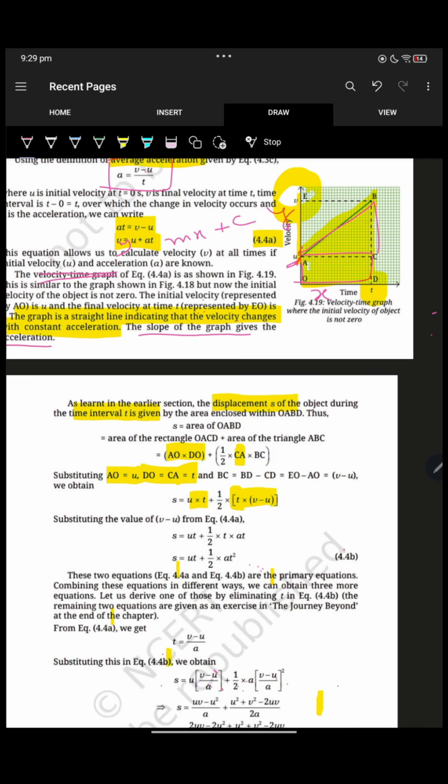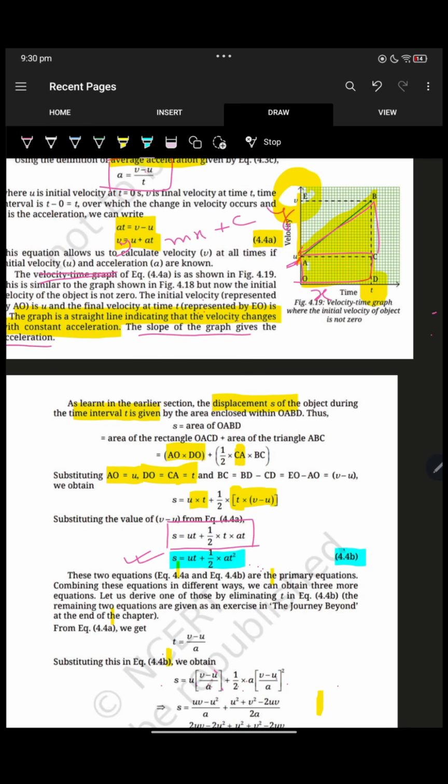We have got S is equal to UT plus half T into AT, that is S is equal to UT plus half AT square. So this is the second equation of motion that we have got.